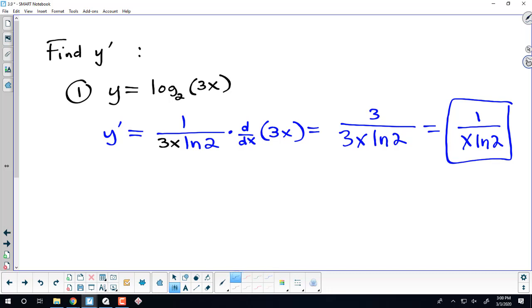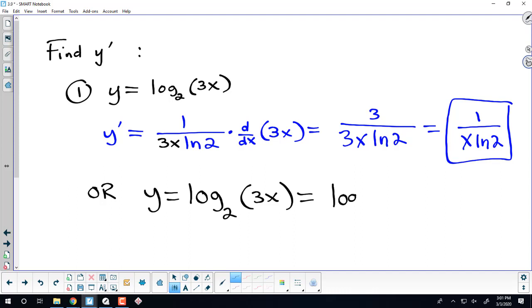Does anyone remember the property for the log of a product? Like if you have the log of 3 times x, how that could be written? So the log of a product is the log of factor 1 plus the log of factor 2.